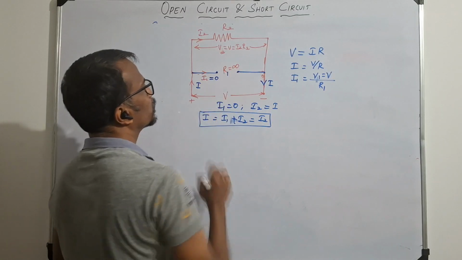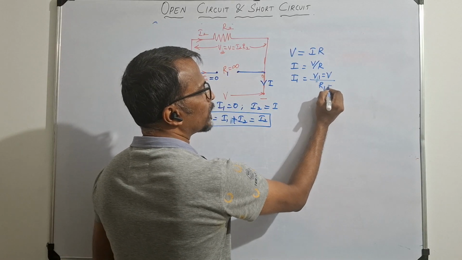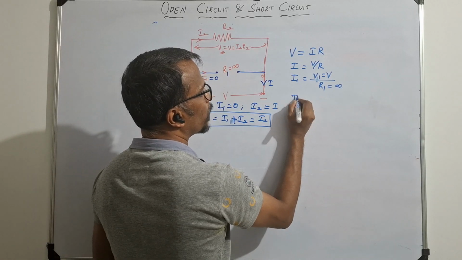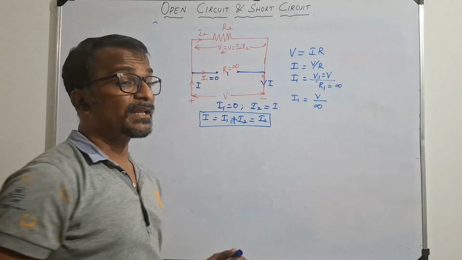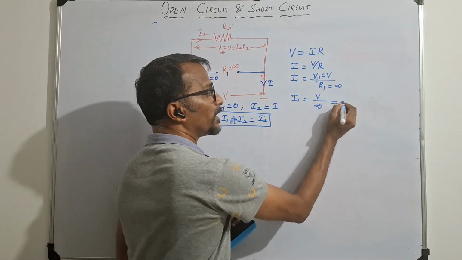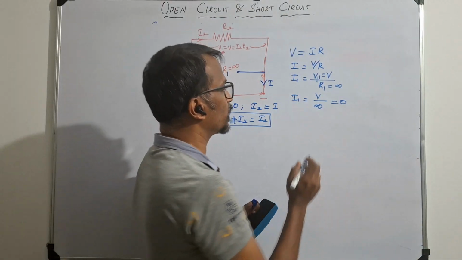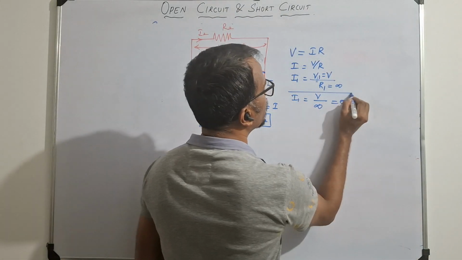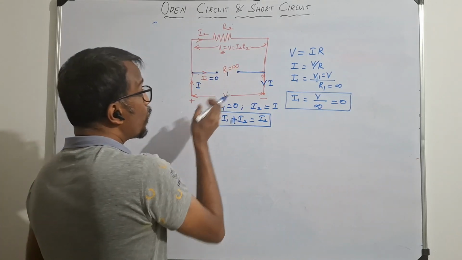Here we already know R1 is equal to infinity. Therefore I1 equal to V by infinity. Any value divided by infinity is equal to 0. That's why we can see I1 is equal to 0. At the same time, voltage.